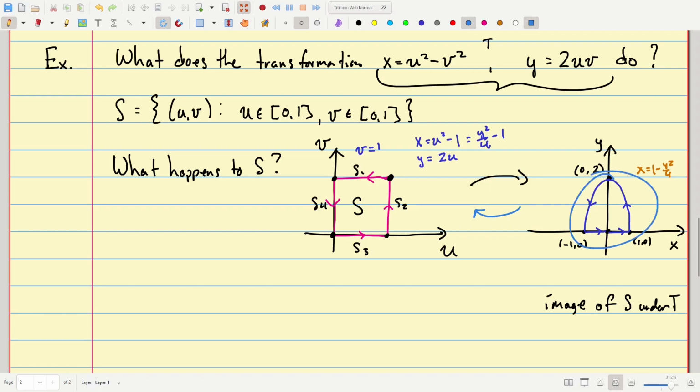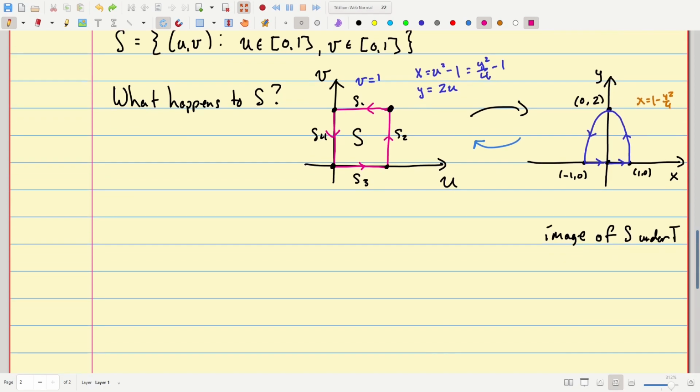If I have something that's nasty and I can turn it into a rectangle, that's pretty good, because rectangles are easy to integrate. Okay? When we do coordinate transformations, this is what we're doing. We're going the other way.